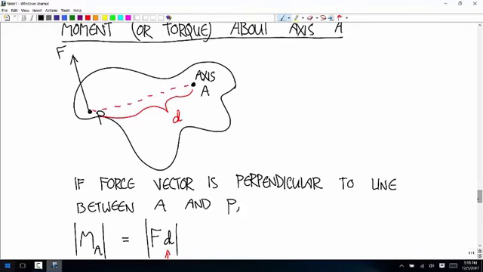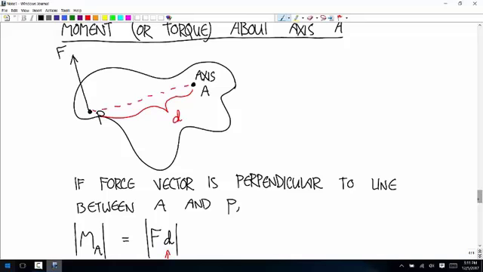If this object could rotate freely around this axis A, and you applied a force here, would that body rotate clockwise or counterclockwise? Just like the sign convention for angular acceleration and angular velocity, counterclockwise is positive, clockwise is negative.